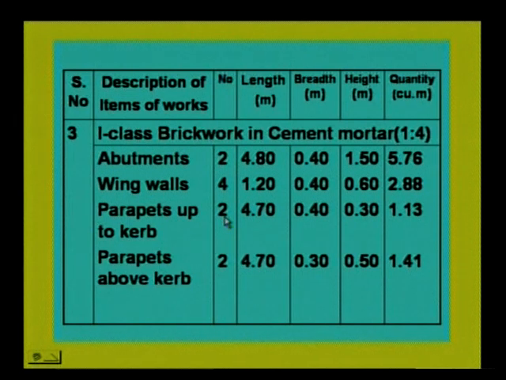The next, parapets up to curb. Brick masonry is also used for construction of parapet walls. So 2 on either side, 4.7 into 0.4, then 0.3. So this comes around 1.13. Then parapet above the curb, 2 with 4.7 meters length, 0.3, then height 0.5, so it is 1.41.